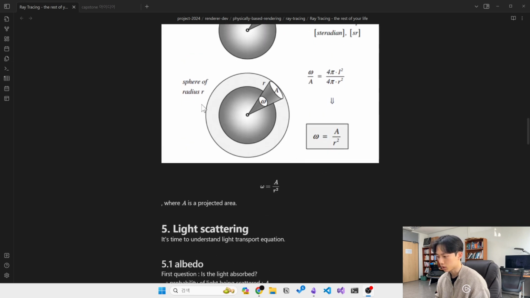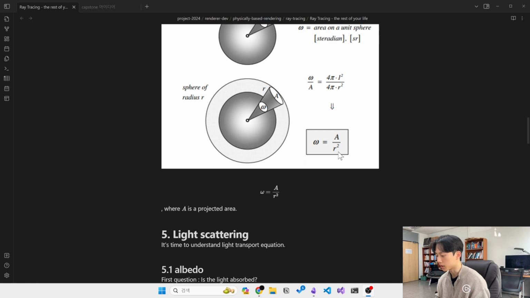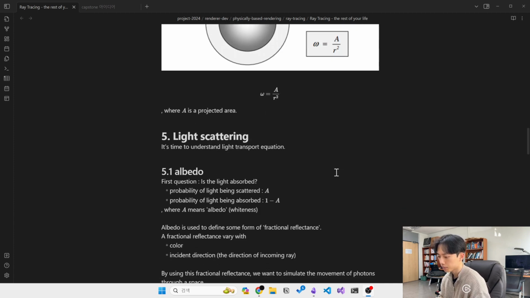So in this case, we can follow this equation for the solid angle. But I'm going to skip the derivation of how we get this solid angle exactly.